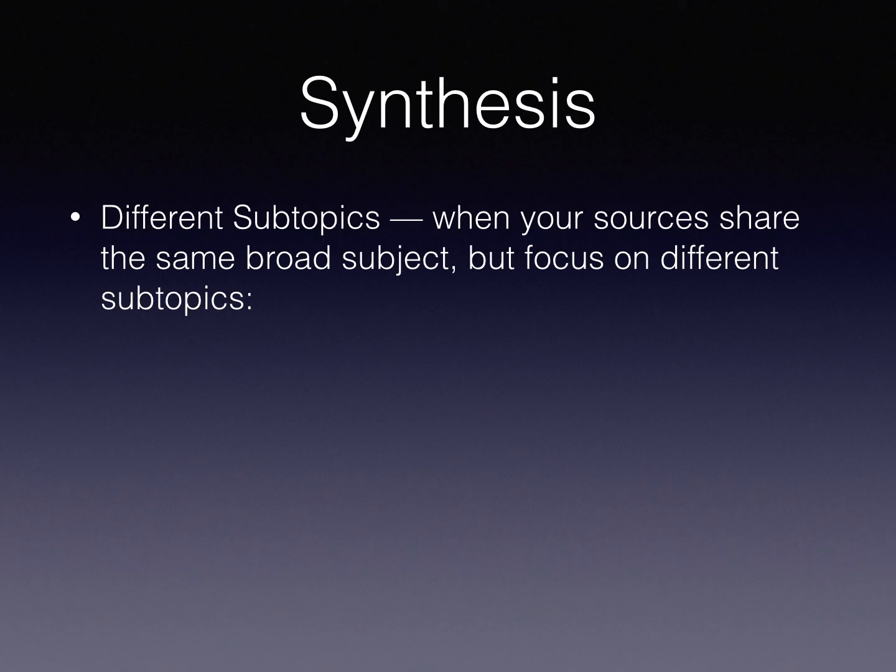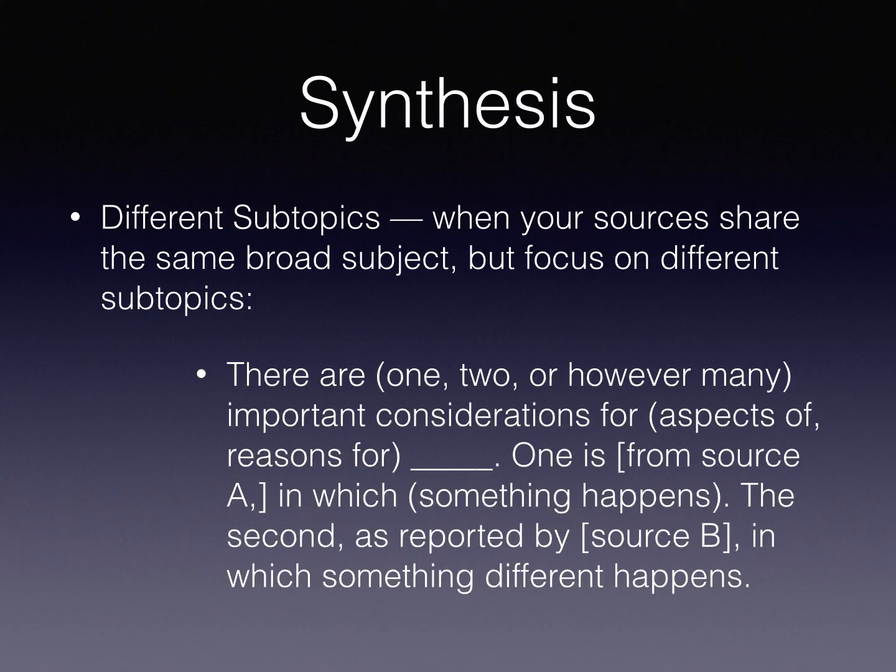When you use two authors and they're talking about the same general topic, but they have different subtopics, you use this approach. There are one, two, or however many important considerations or aspects of or reasons for the topic.